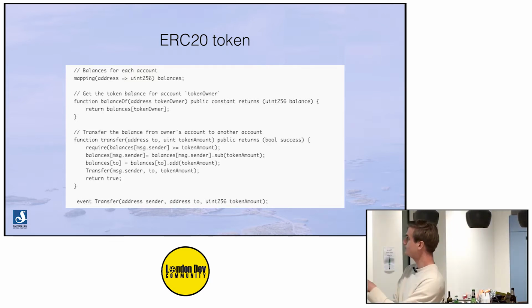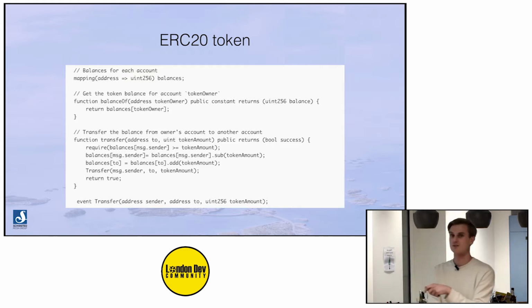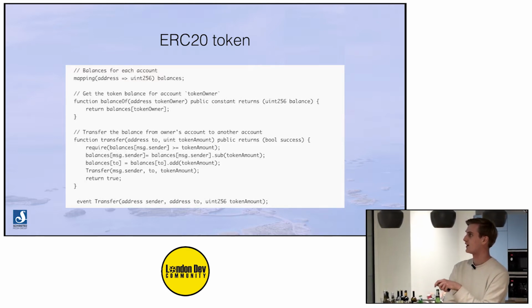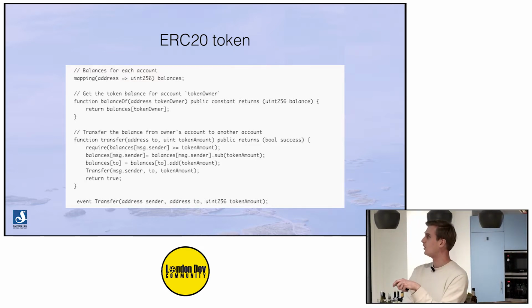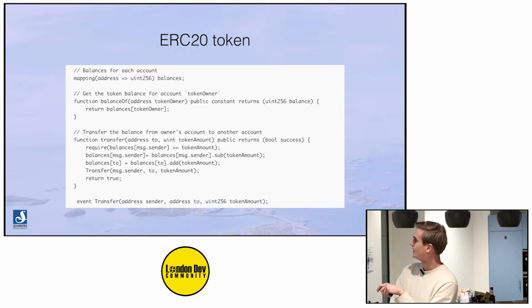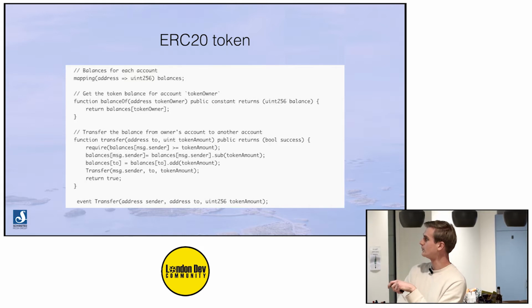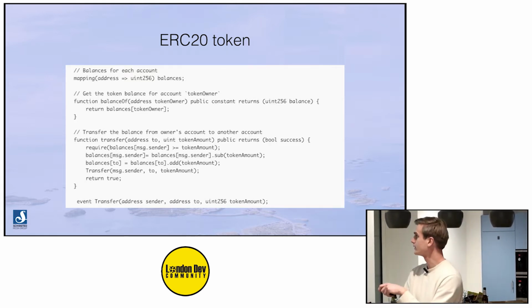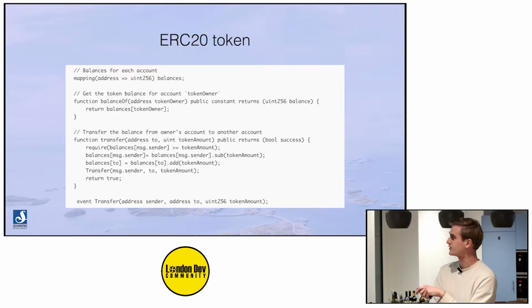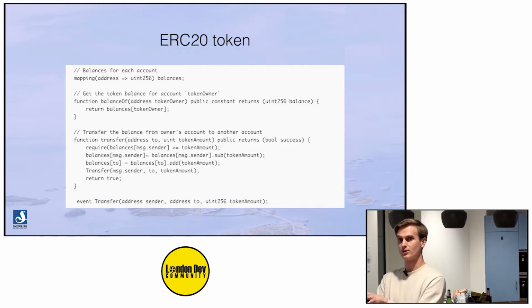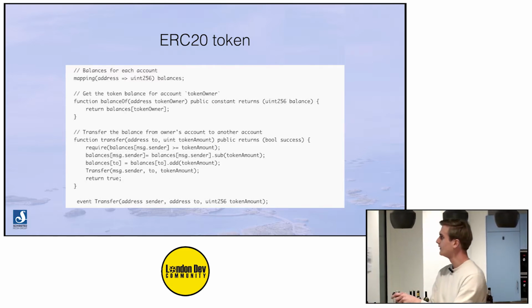You map an address to an integer, which is the token balance. Then you can check the balance of any given address. This function will return the balance of that exact token in this contract. It's a constant, so it doesn't change the state of the Ethereum Virtual Machine.